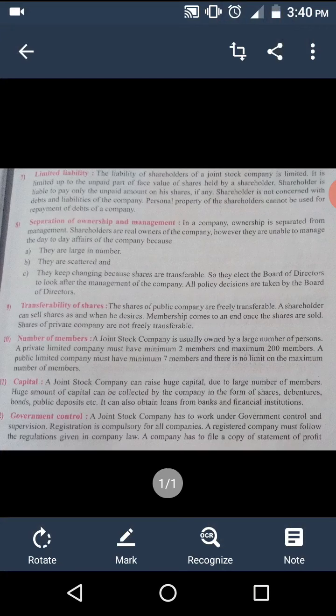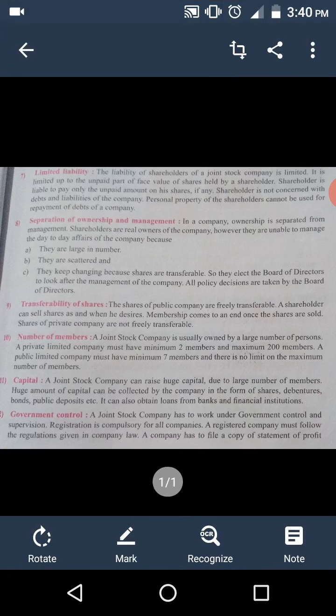Next feature is transferability of shares. The shares of a public company are freely transferable. Then what is meant by a public company and what is meant by a private company?